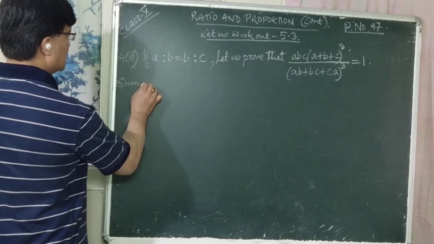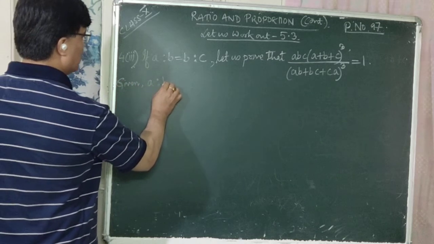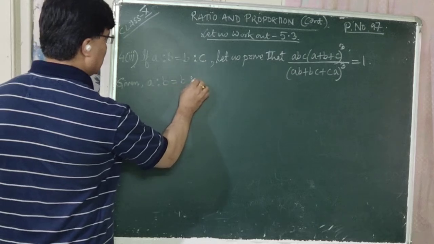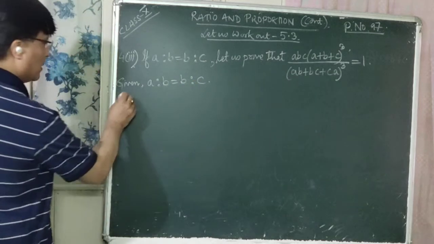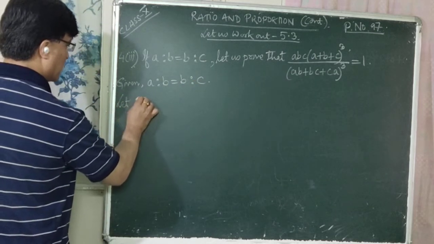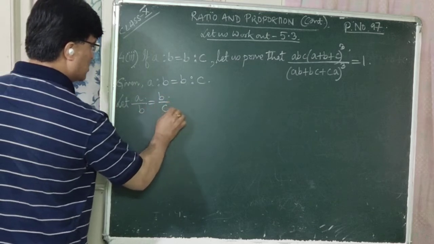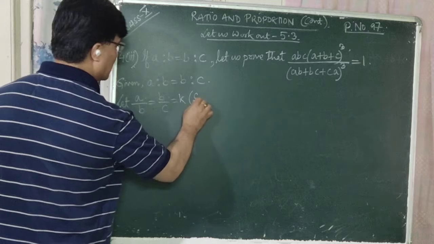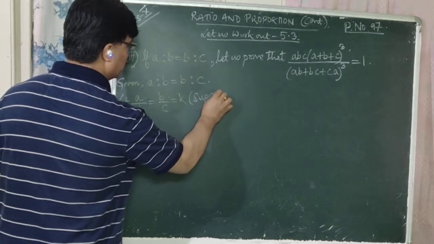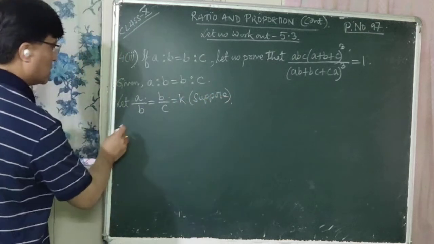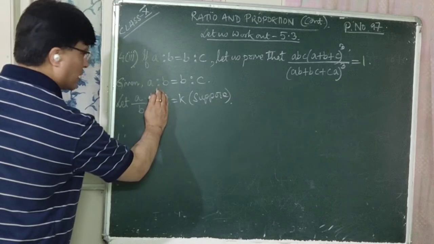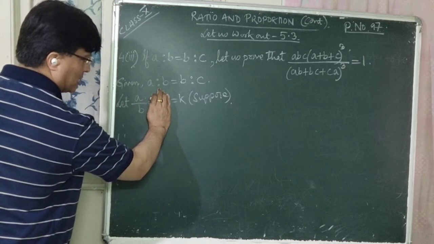So let us write down the given part again. Here given is A is to B is equal to B is to C. Let A upon B is equal to B upon C is equal to K, suppose. Right? So now, you know that A is equal to BK, isn't it?